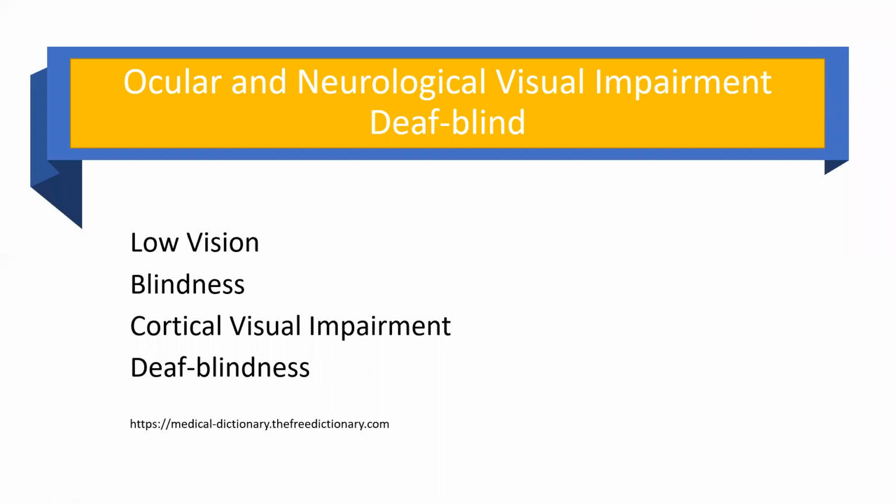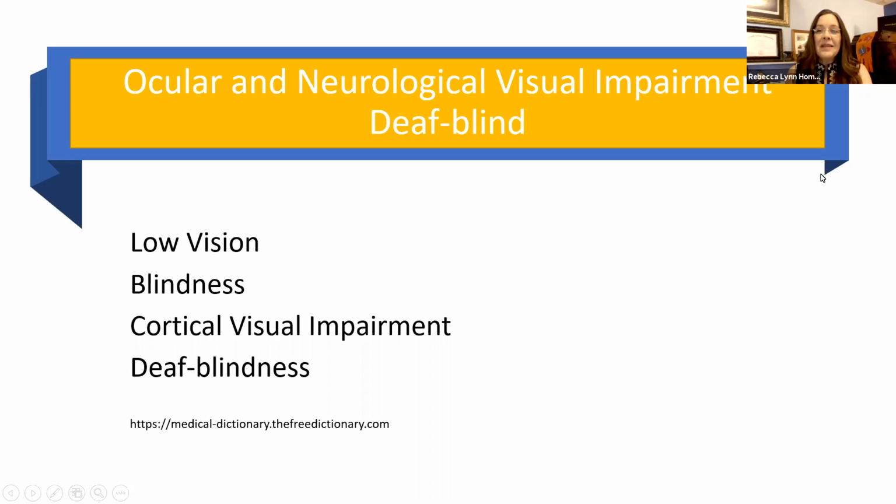When we think about blindness, we are going to use a legal definition, which is a child's best corrected central acuity of 20/200 or worse in their best eye, or a visual field of no greater than 20 degrees.